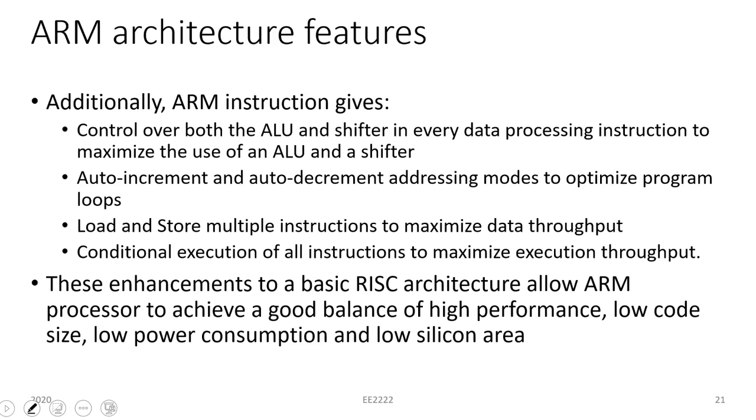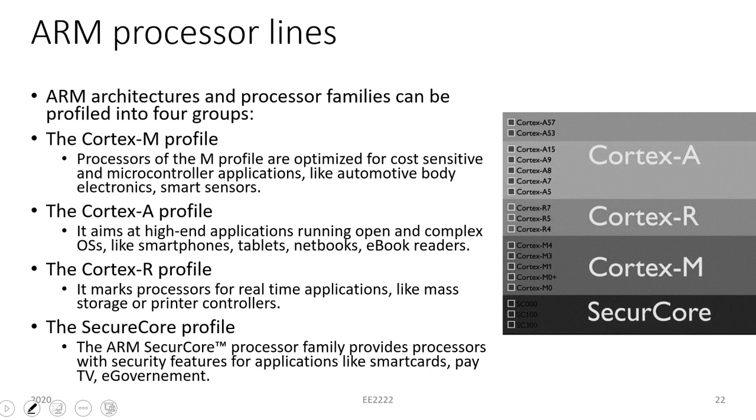These are some of the things that enhance the performance capabilities and the speed of the devices, achieving higher performance while still having low power consumption and low silicon area. That is one of the main advantages that we get from these ARM architecture devices.